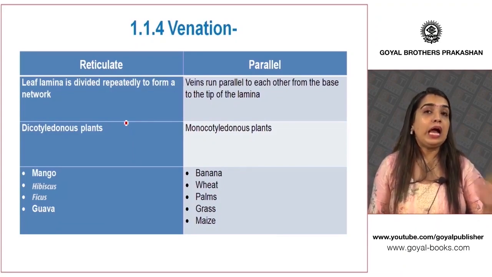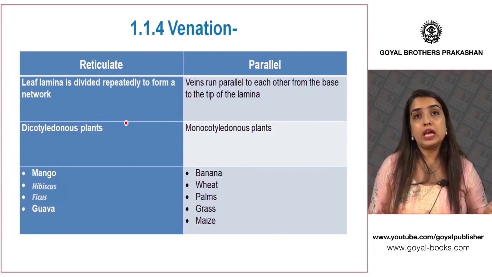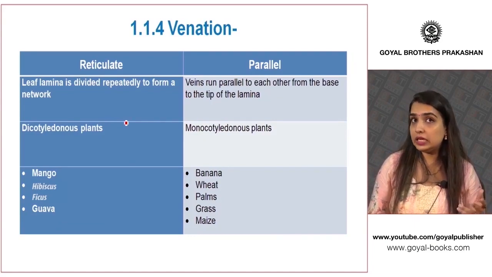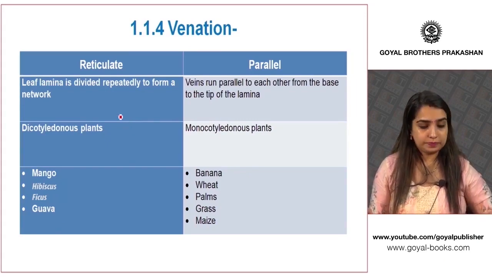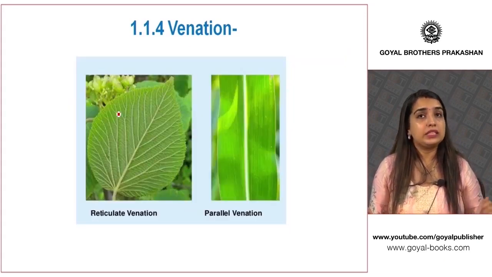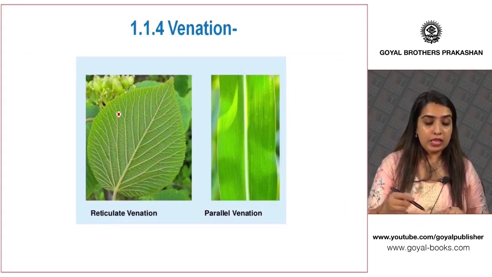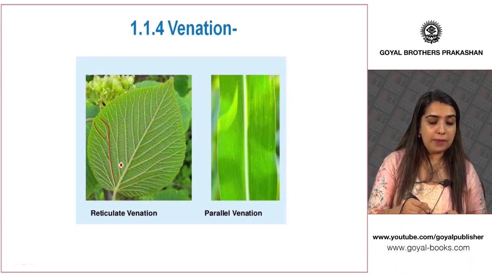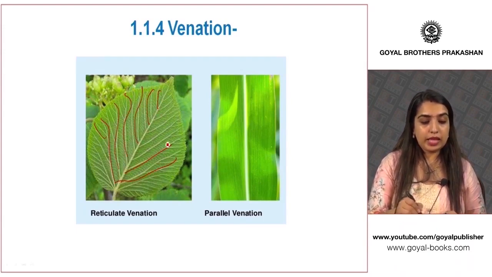Now, science is one such subject where just the theoretical part will not help. So for that, I have included various pictures. Let's look at a picture which depicts clearly venation of both the kinds that we just discussed. If we look at these pictures, we see that in reticulate venation, the veins are in such a manner that they seem to have formed a network as we discussed.